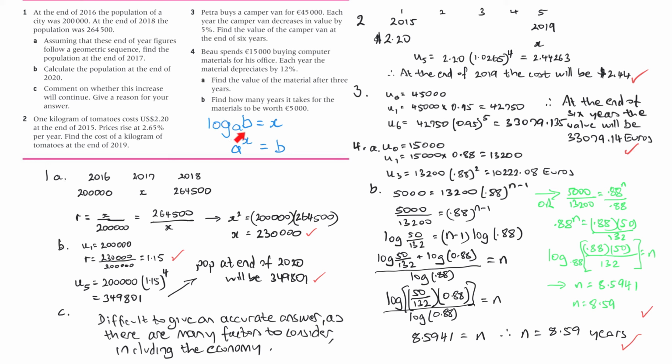If you've got log to the base a of b equals x, then a to the power of x equals b. You can try that in a calculator by substituting different numbers in, but that's true. So if you've got log to the base a of a number that equals x, then you can say that a, that base, to the power of x, the right-hand side, equals b. And that's what I used here between that step and that step.